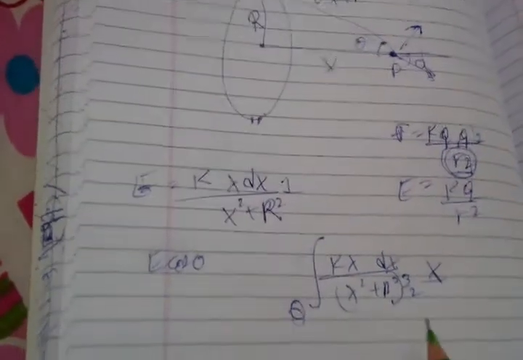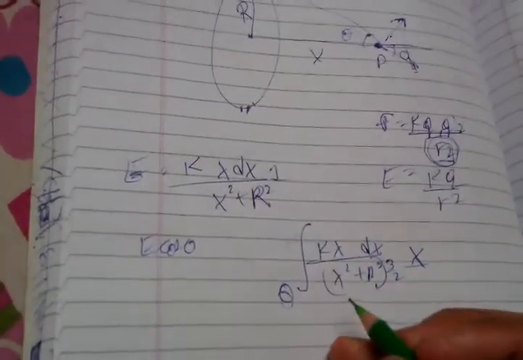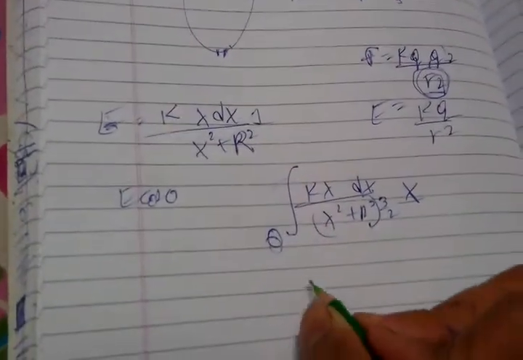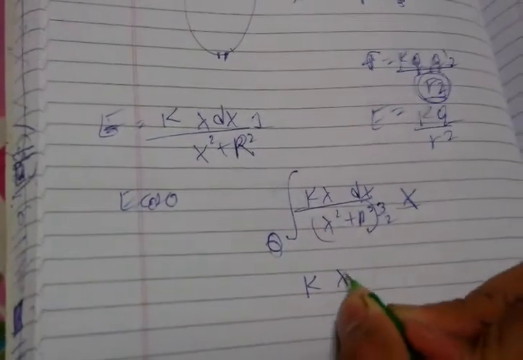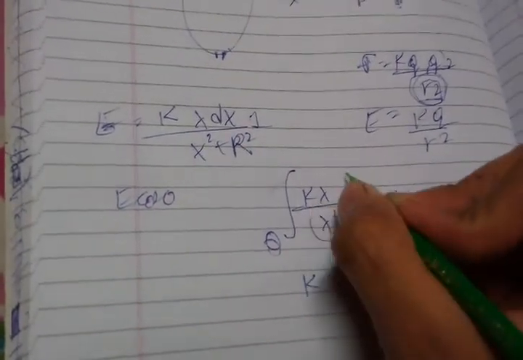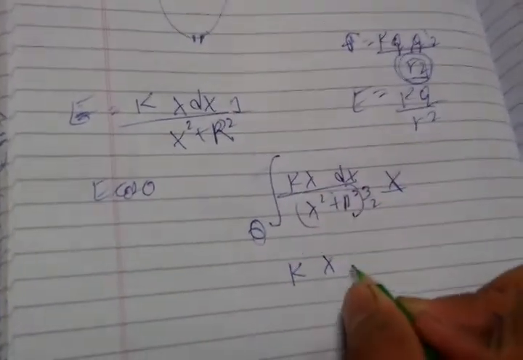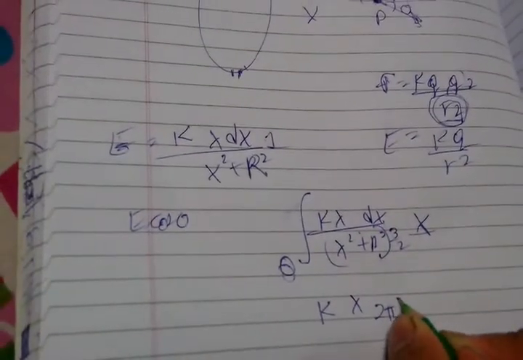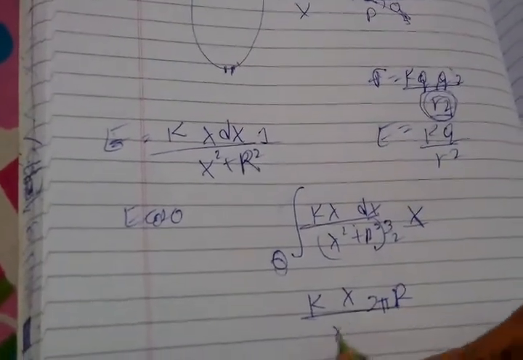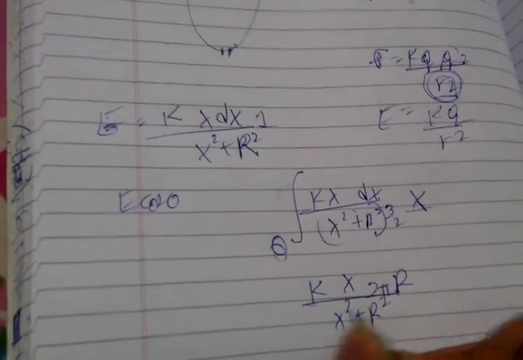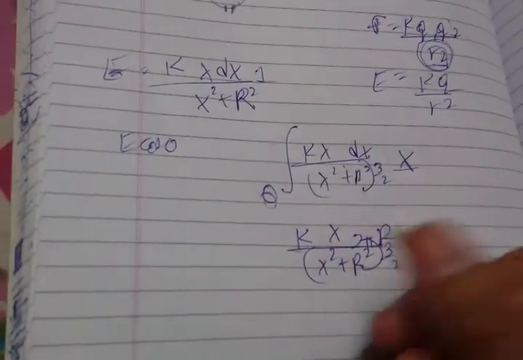So basically, if we want to integrate that, we can, but we can directly write it as 2 pi r. So they are constant, they will go out of integration. It will be 2 pi r upon x square plus r square to the power 3 by 2. K is the constant.